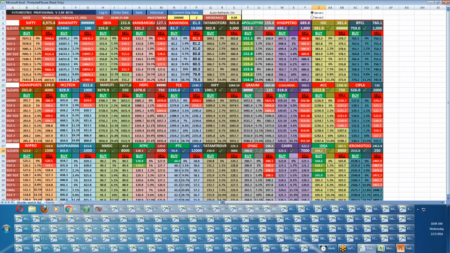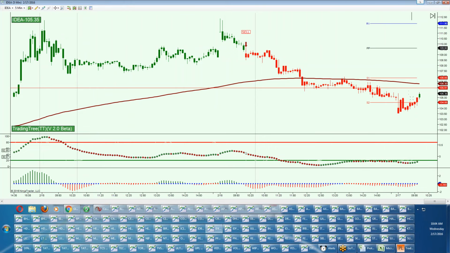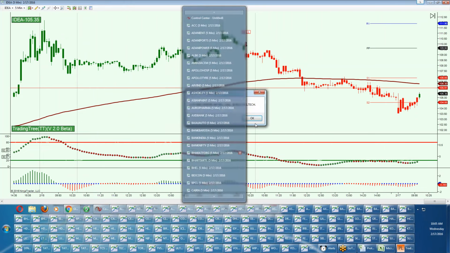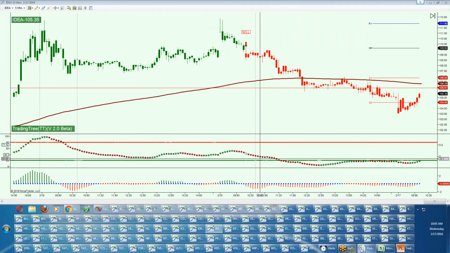Started from its entry, that is 104.60. So you should be getting a buy call here in your trading tree also. So HCL Tech, we have a sell. We already have a sell here.